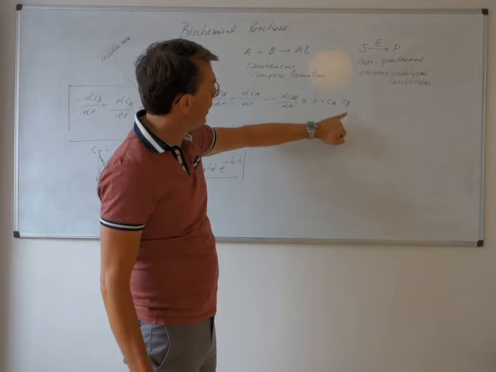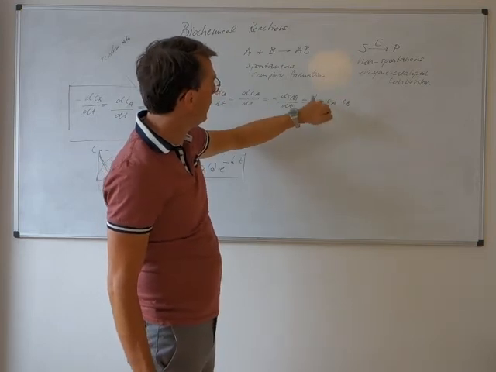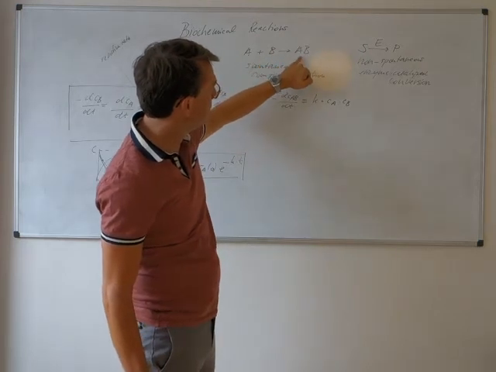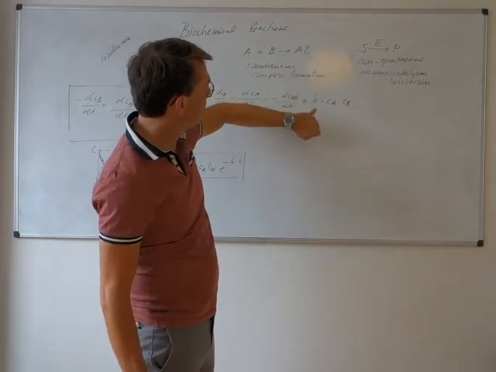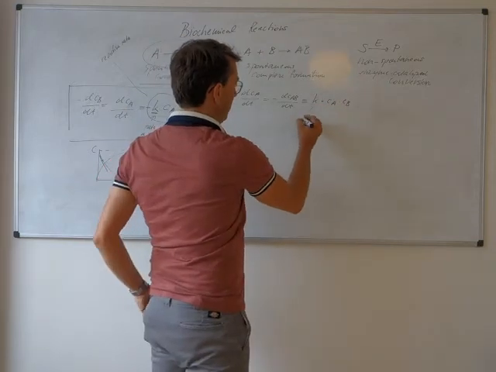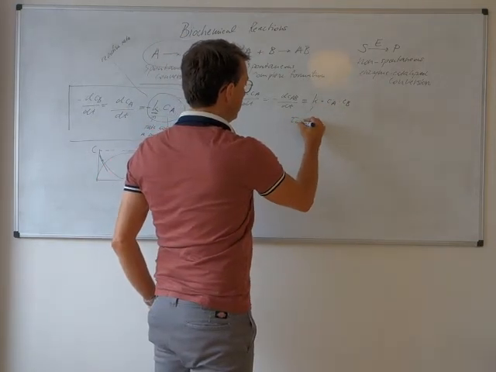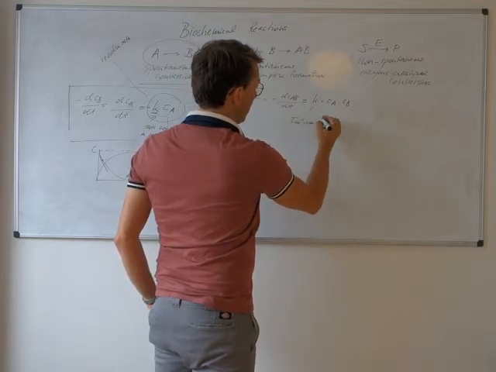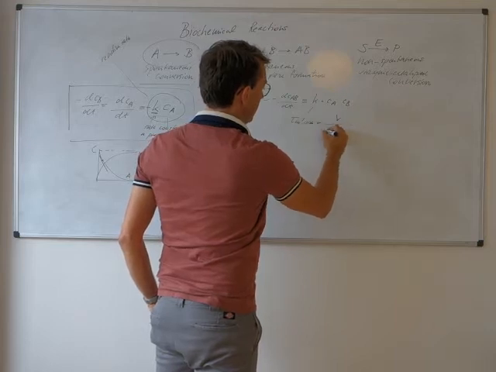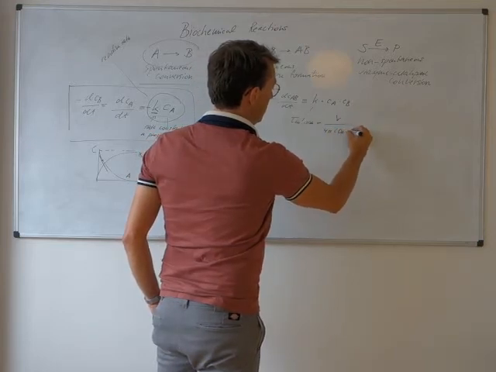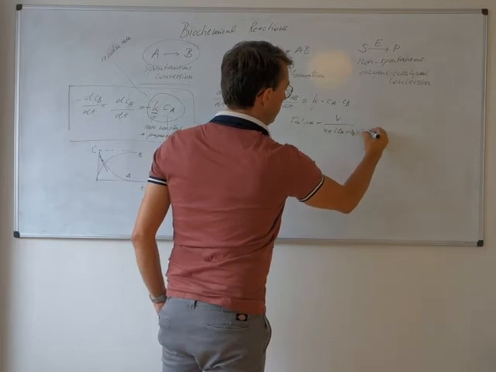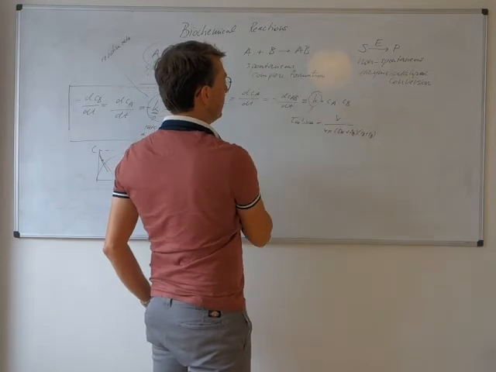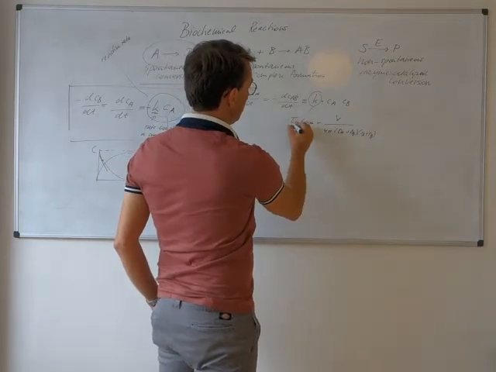If there is more A and more B, A and B molecules find each other quicker, they collide more often, so that you make more. And the constant K will be somehow related to the collision time equation that we've looked at earlier. Because this is the reaction rate constant, and that is going to depend on the collision time, of course.